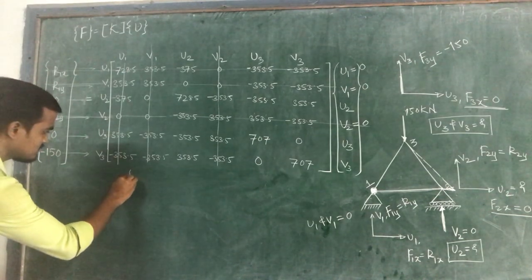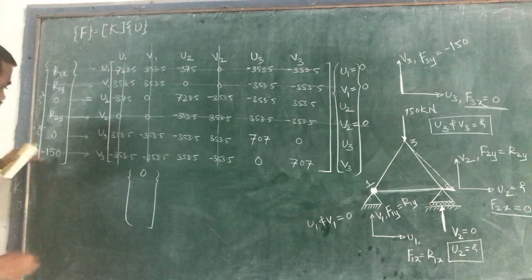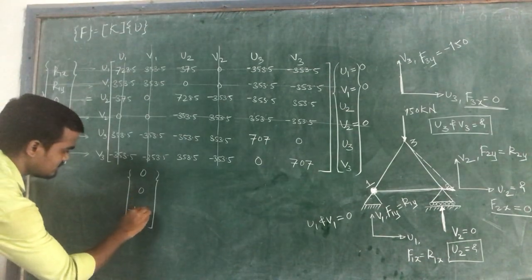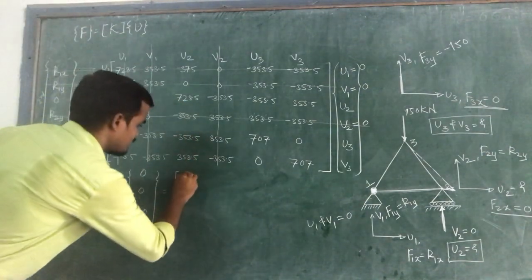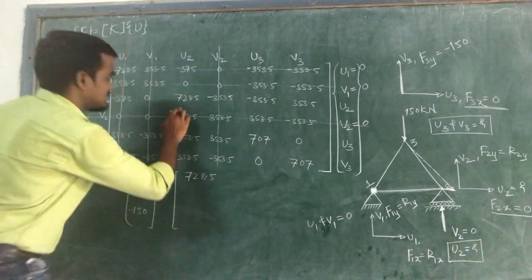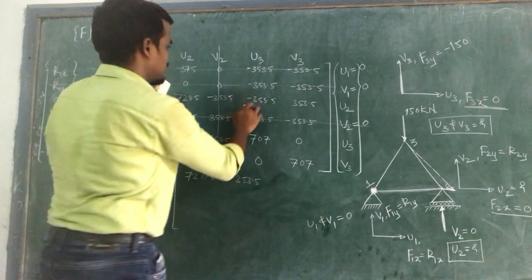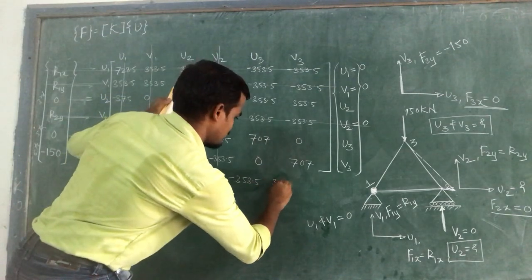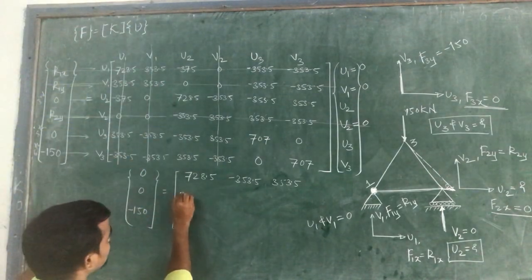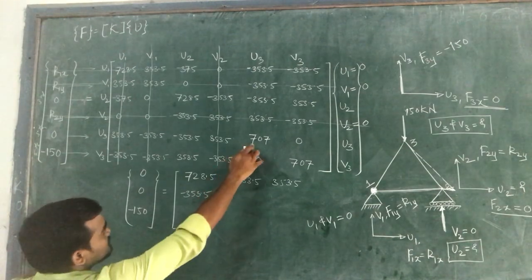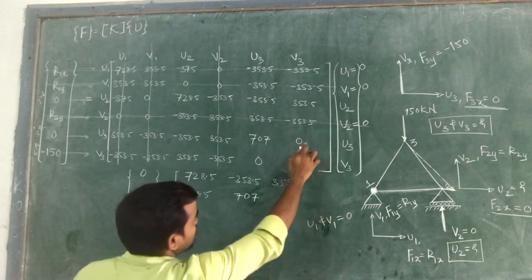These equations are written as 0, 0, minus 150 on the left side, equal to the matrix with entries 728.5, minus 353.5, 353.5, then minus 353.5, this value is 707 and this value is 0.